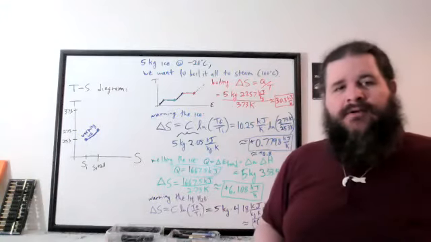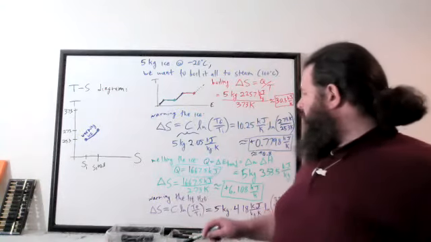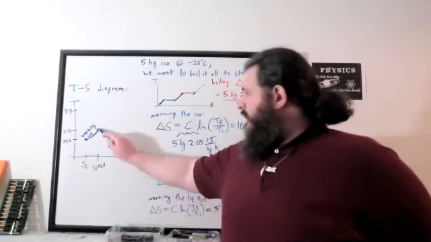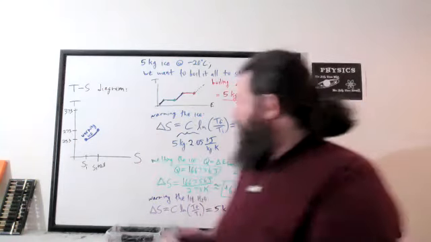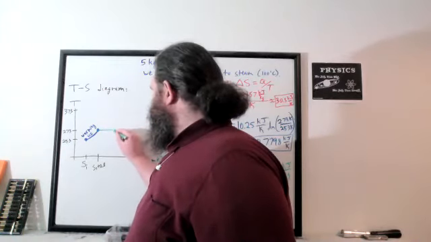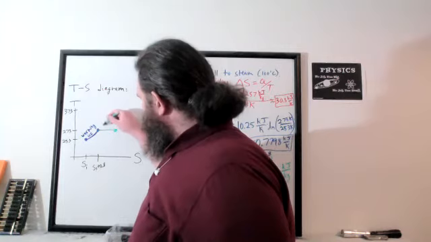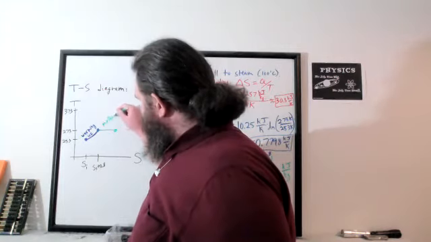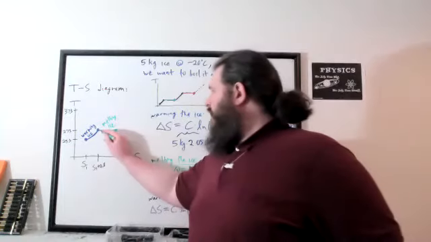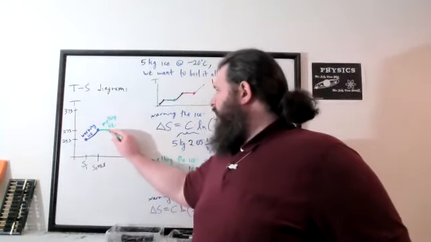We can't go up or down because we're not changing the temperature, but we are increasing the entropy by 6.1. So that's going to be going to the right. Melting the ice is just going to be going straight to the right on the graph.